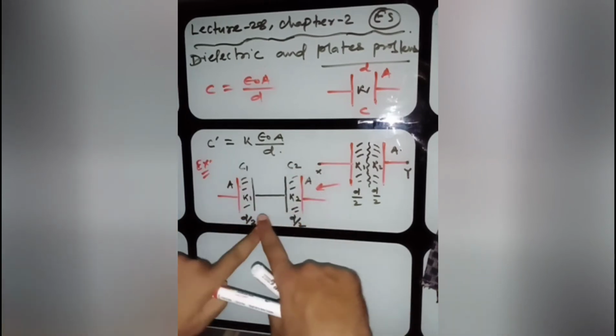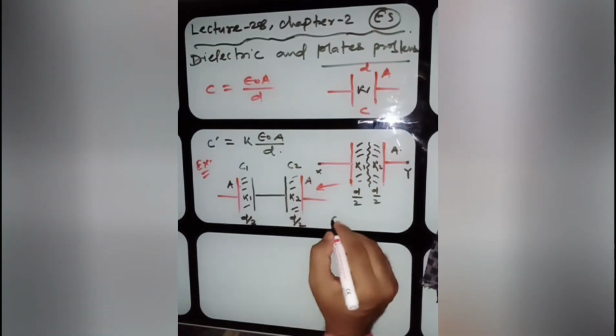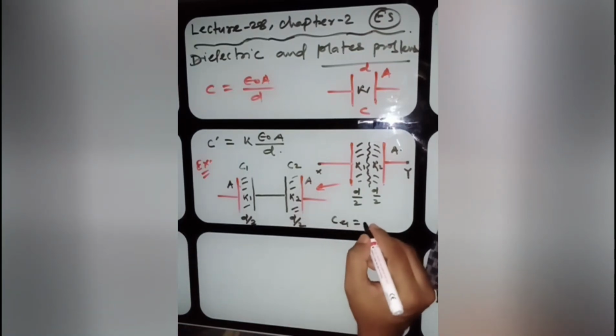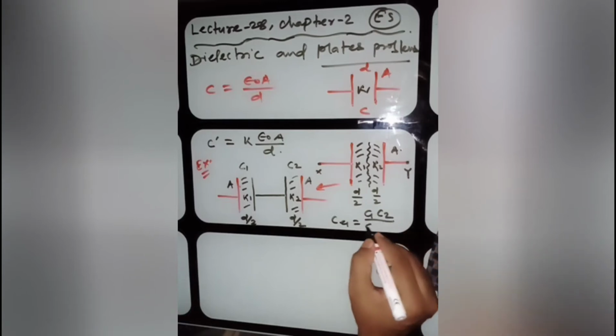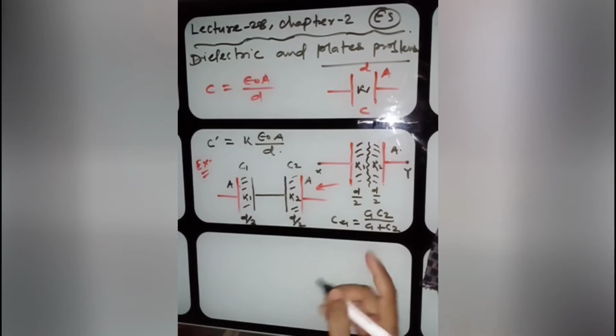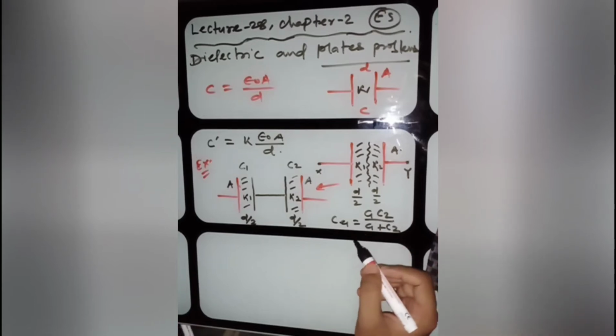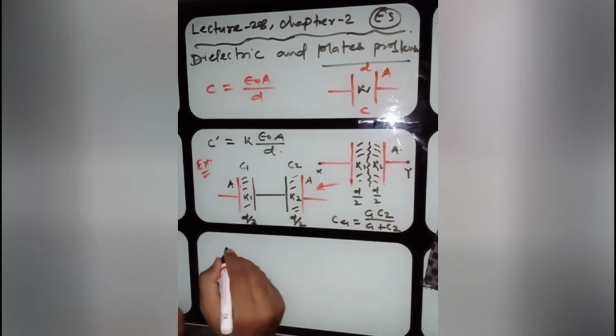Now you can see these two capacitors are connected in series, so the C equivalent will be C1 C2 by C1 plus C2. If you write the values of C1 and C2, you can put them in this to find the equivalent capacitance.